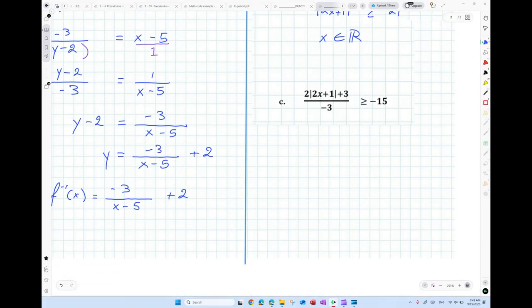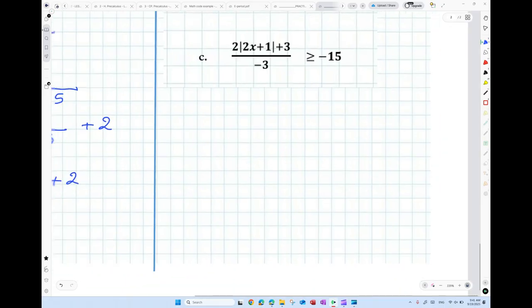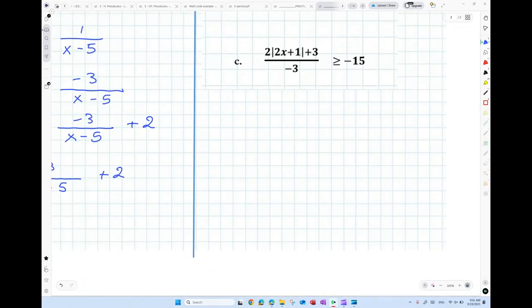For this one, there's one little detail, is that now I made this coefficient 2 positive. So I will have 2 times absolute value of 2x plus 1 plus 3 less than or equal to 45. And then I'm going to subtract 3 and divide by 2. I will have positive 21.